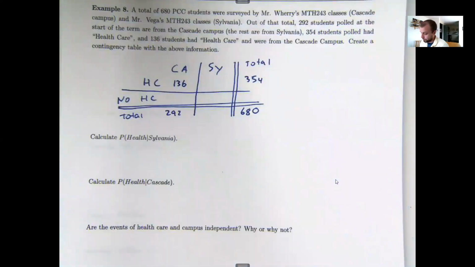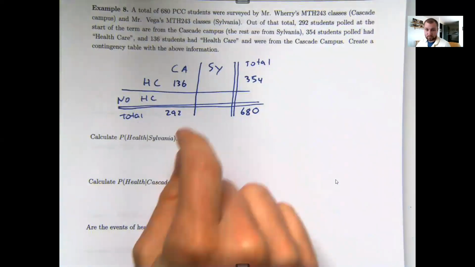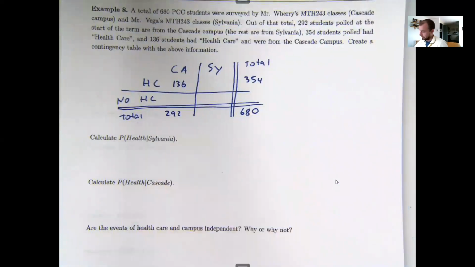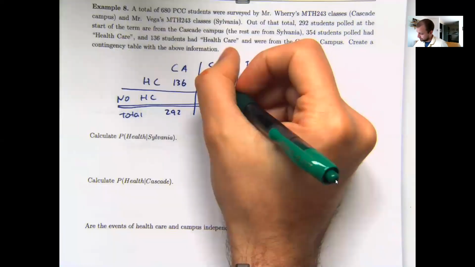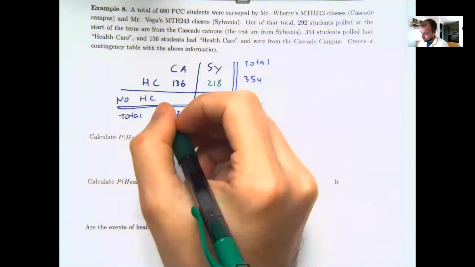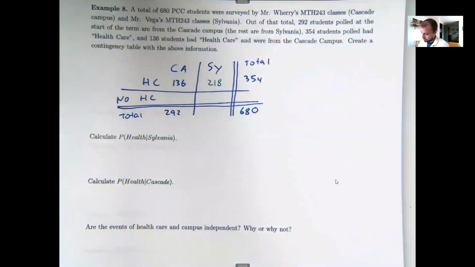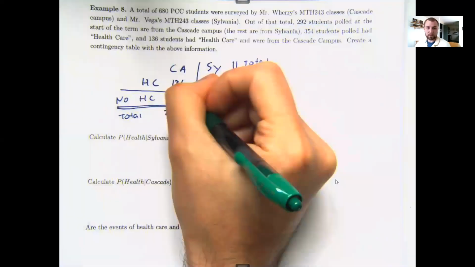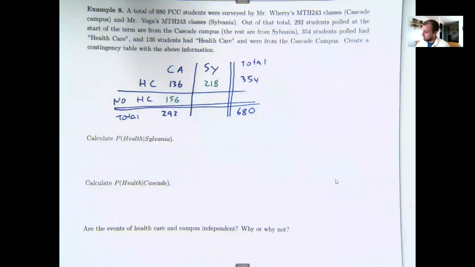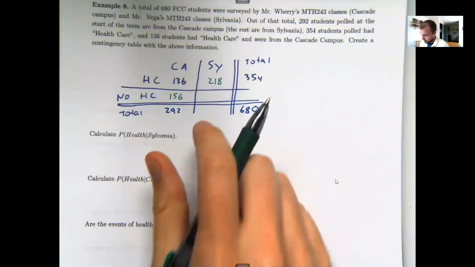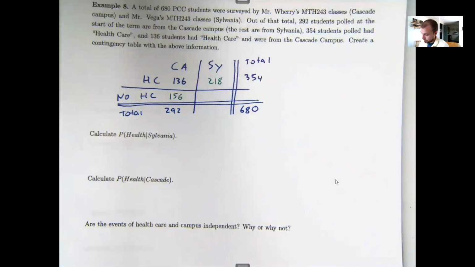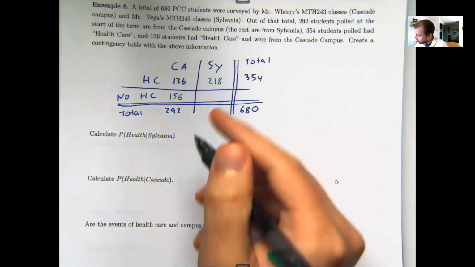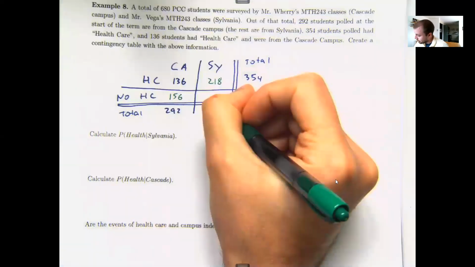So I have 354 minus 136. That tells me that this number right here is 218. I have 292 minus 136. That gives me this number right here is 156. Let's find this number. I have 680 minus 292. Got 388 sitting there.